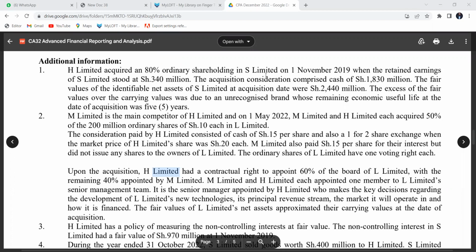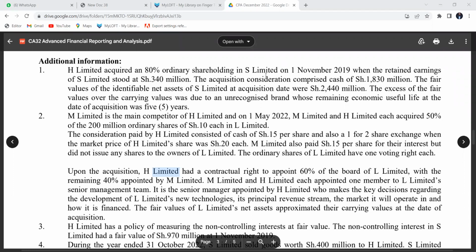So M Limited and H Limited each appointed one member to L's senior management team. So it's the senior manager appointed by H who makes key decisions regarding the development of L Limited's new technologies, its principal revenue stream, the market it will operate in, and how it is financed.